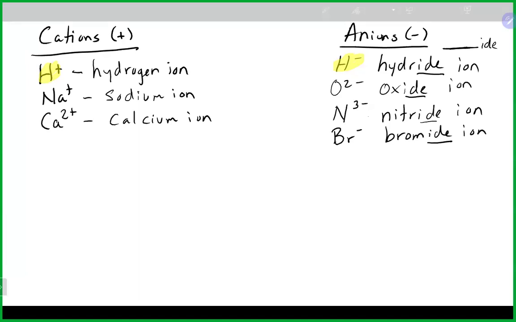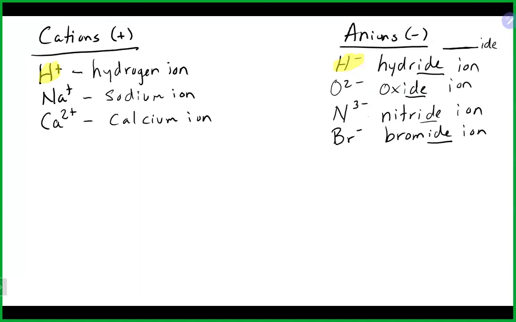Another really important thing is that when we put ions together, the positive ion and the negative ion need to come together to equal no charge. All the positive charge and all the negative charge need to come together in the simplest way that will get you zero.